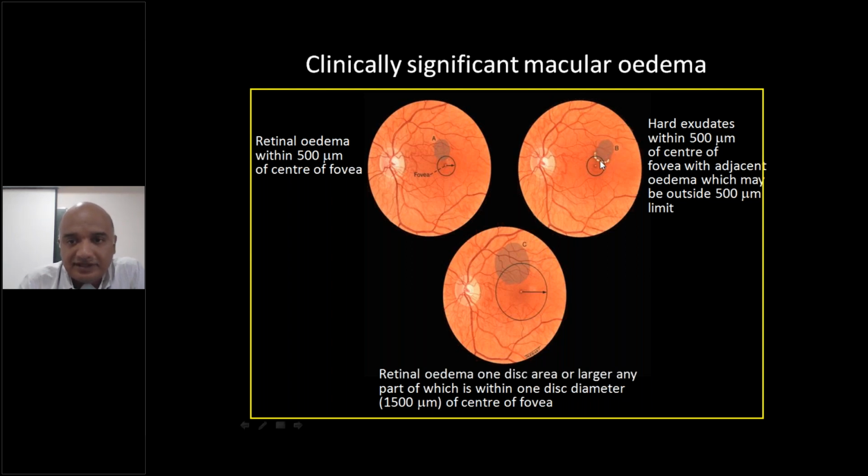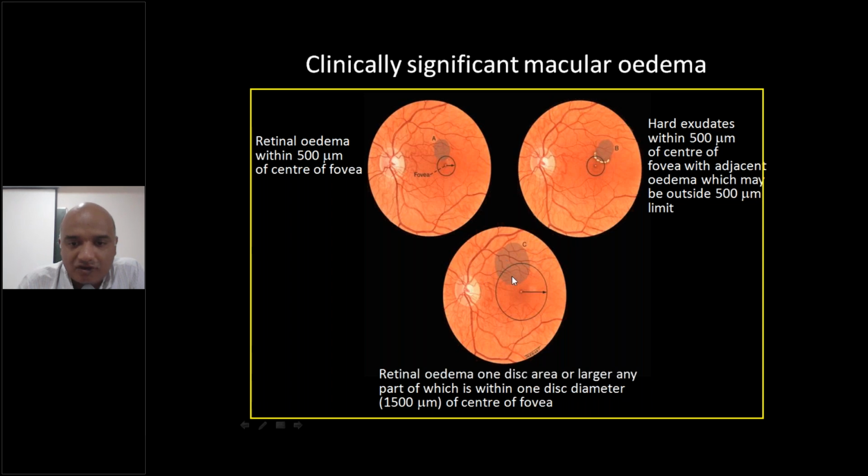Similarly, edema with hard exudates within 500 microns of the center of the fovea. If there is an area of one disc area, this is the disc, and the size of this edema should be almost the size of the disc.